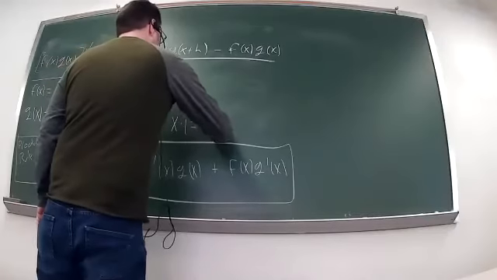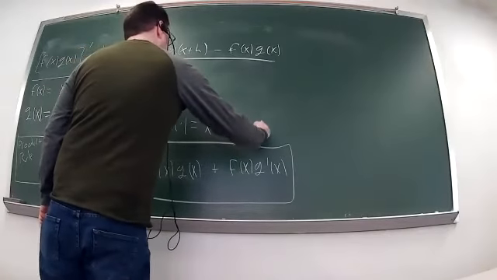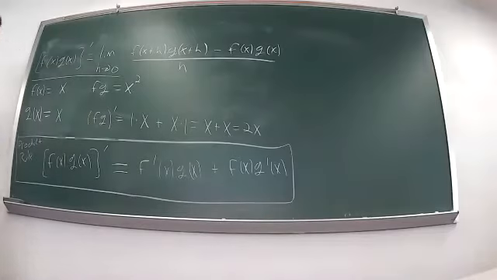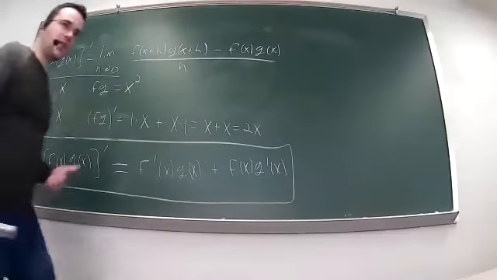So what you get is x plus x equals 2x. So the power rule and the product rule will give you the same answer. Which is kind of nice. Any question on that?